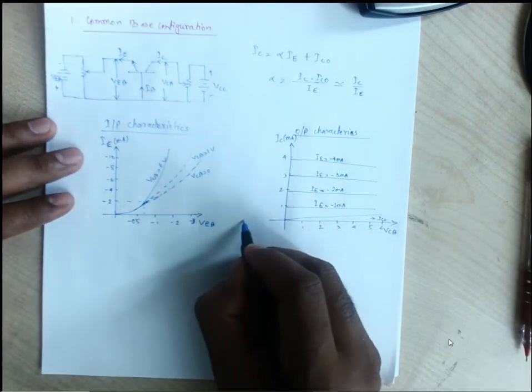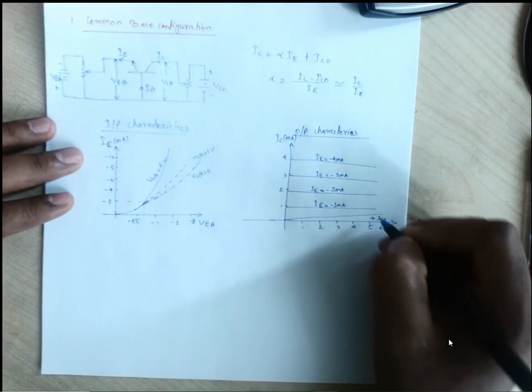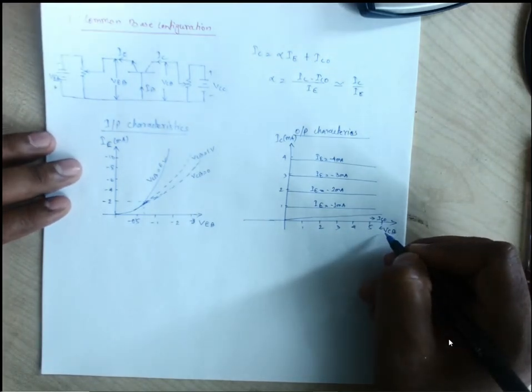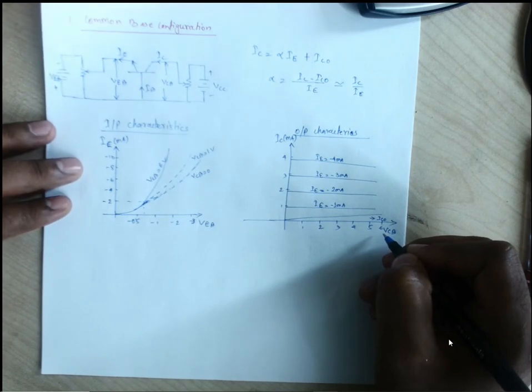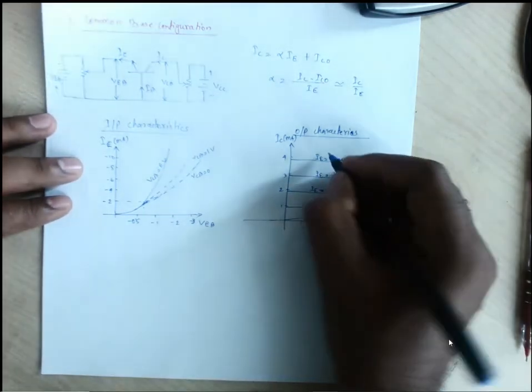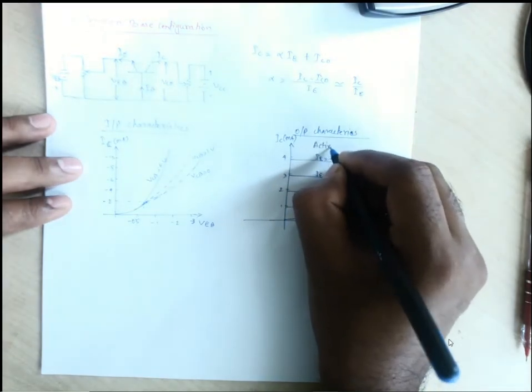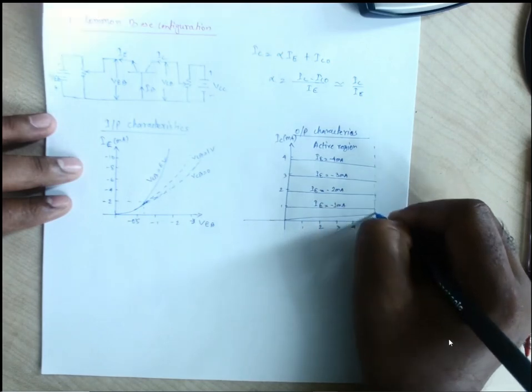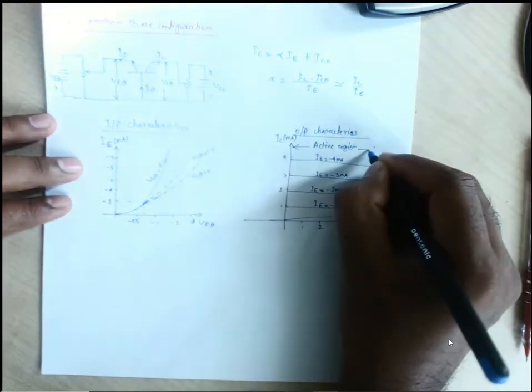Now in this region, VCB is given reverse bias and input is given forward bias, due to which we are having the input current. So that is what is known as the active region of operation, up to this. This is the active region of operation.